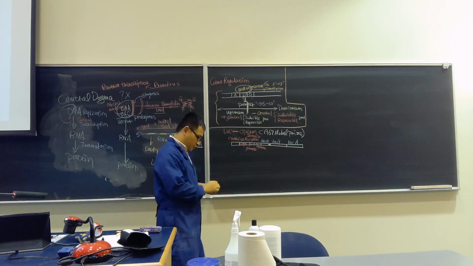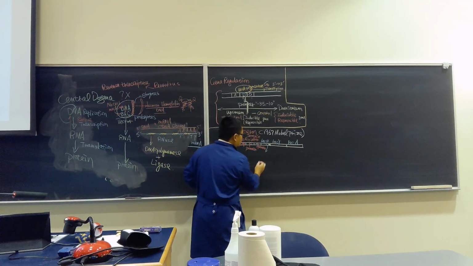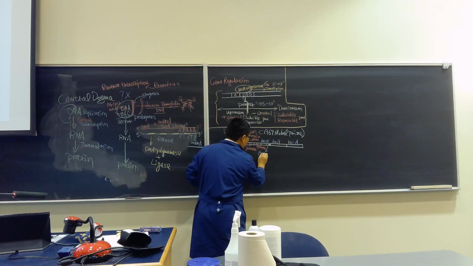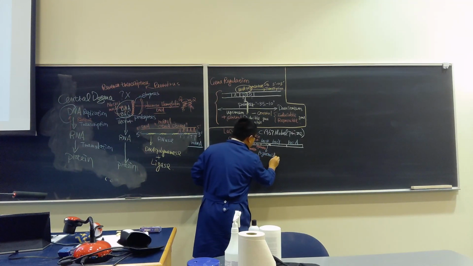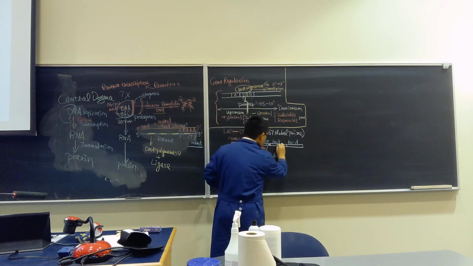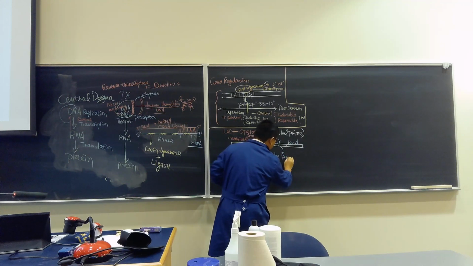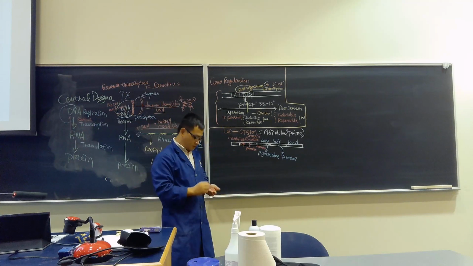Okay, then what are those three functional genes? What is LAC-Z? Beta-galactosidase. What is LAC-Y? I'll just say the permease. They say beta-galactoside permease.